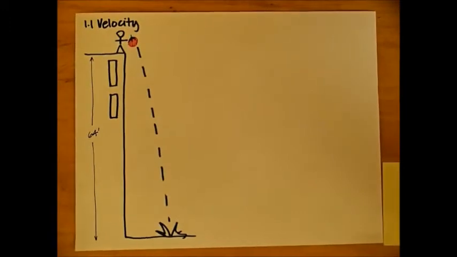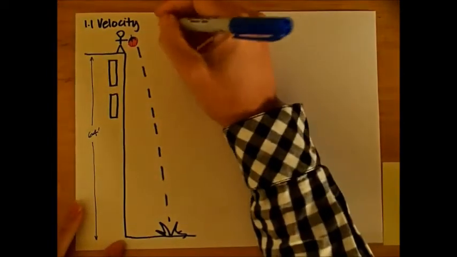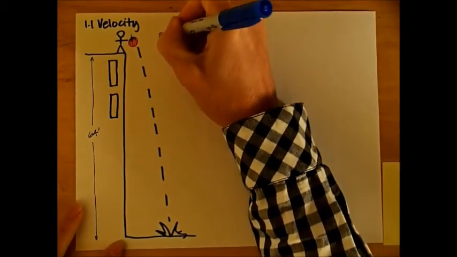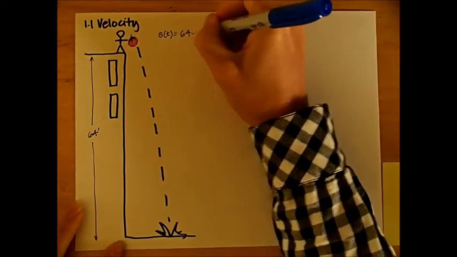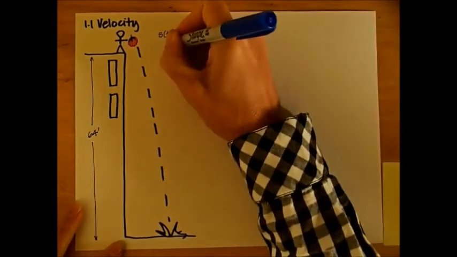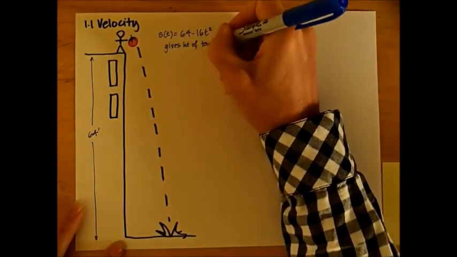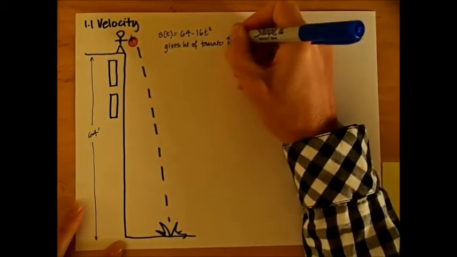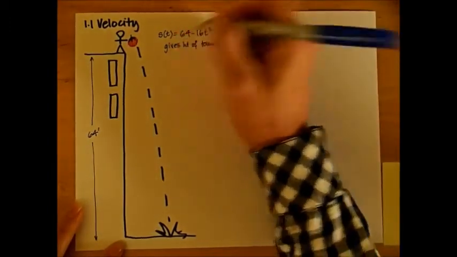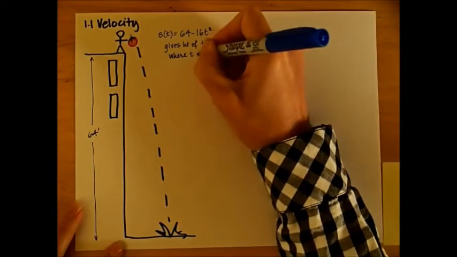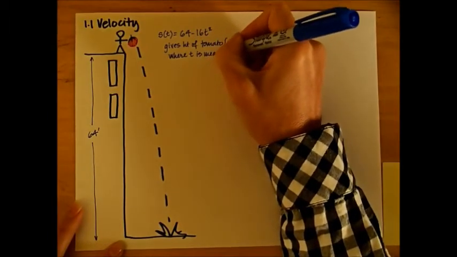So, a 64-foot tall building, and using a couple of things that we know from physics, we can write the function that gives the height of the tomato: s of t equals 64 minus 16t squared, which gives the height of the tomato in feet, where t is measured in seconds.